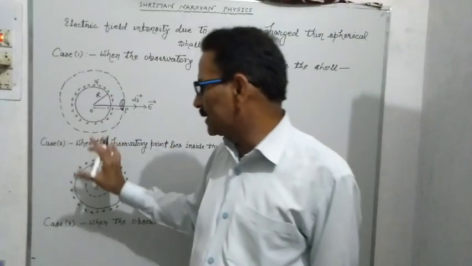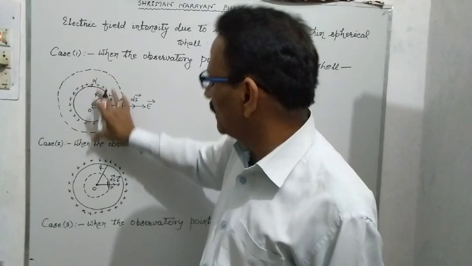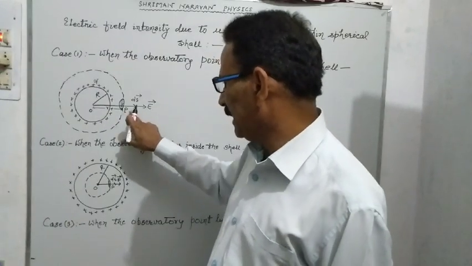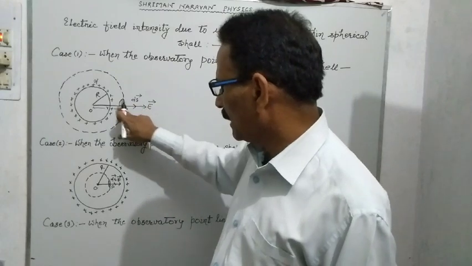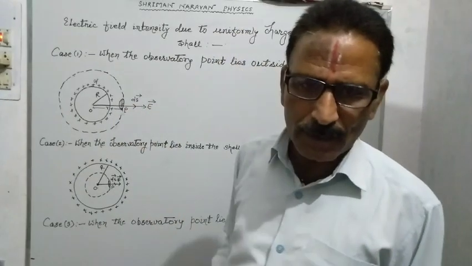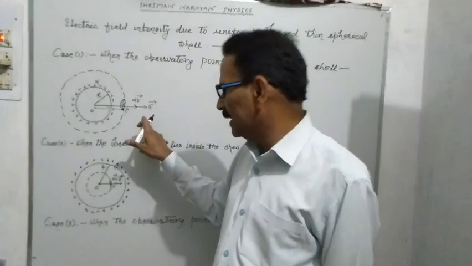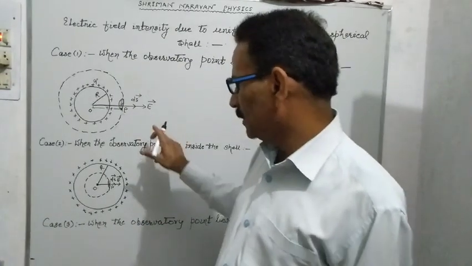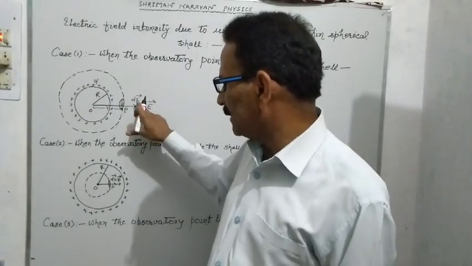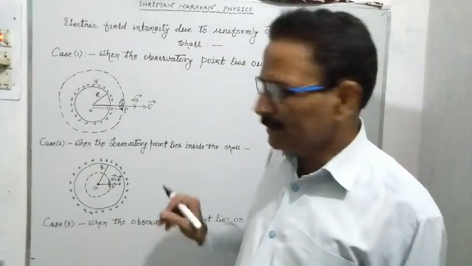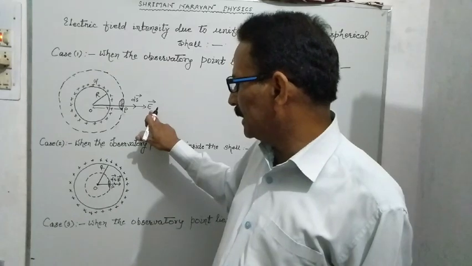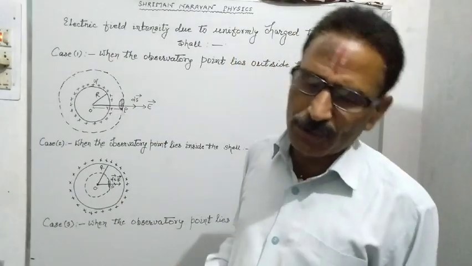Here the situation is a positively charged shell, so this field E will act at the point P along the radially outward direction. Now it is clear from the figure that both vector E as well as dS are acting along the same direction. It means that the angle between vector E and dS will be 0 degrees.